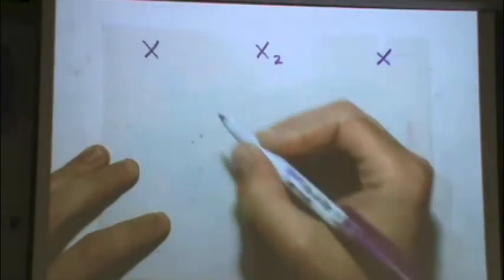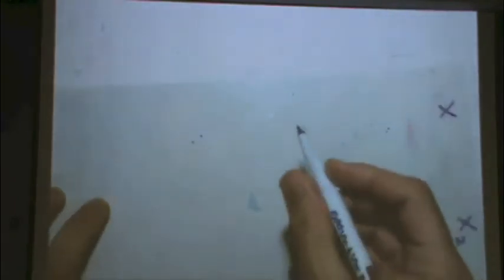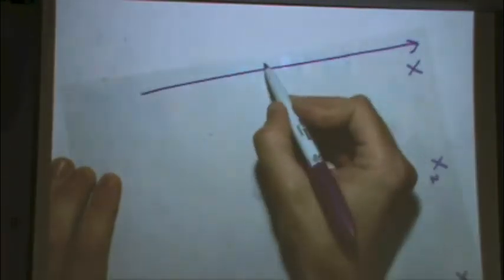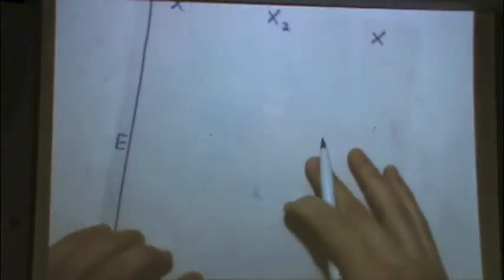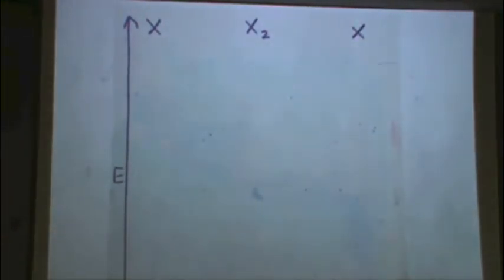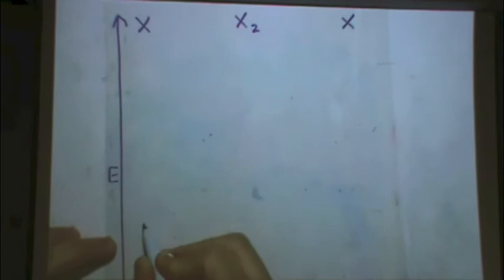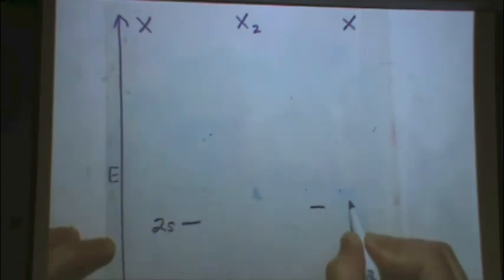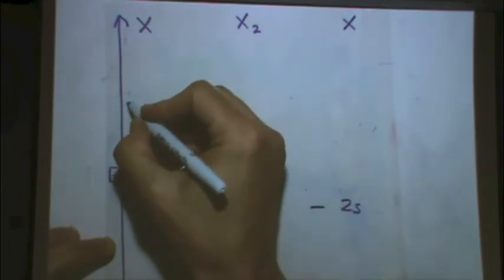It comes from X and X. And so we need to draw the energy scale. And then we're hoping for a harder one, so I'm expecting a 2s energy level and a 2p energy level.